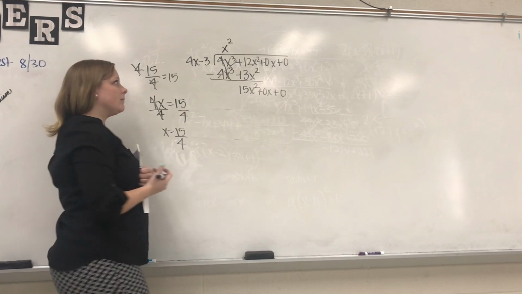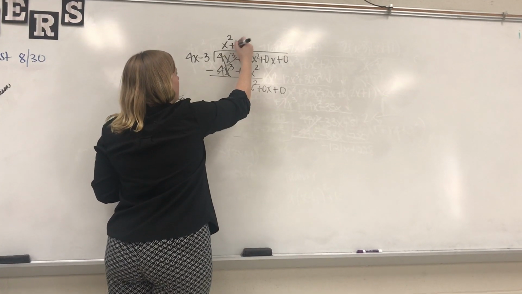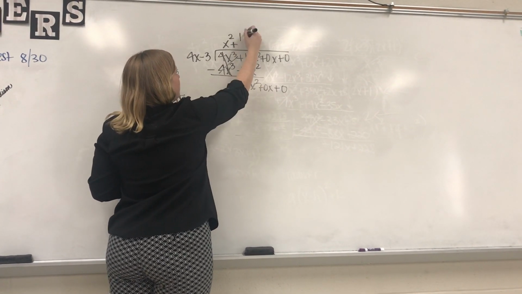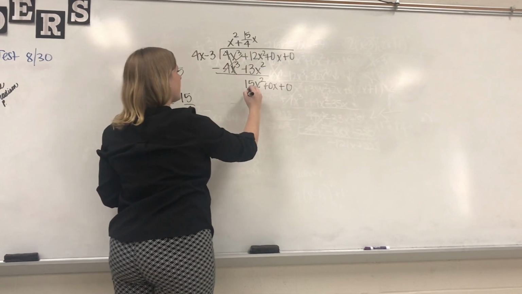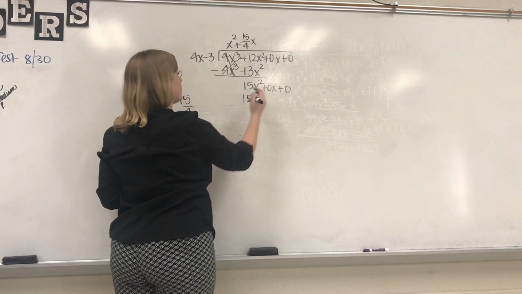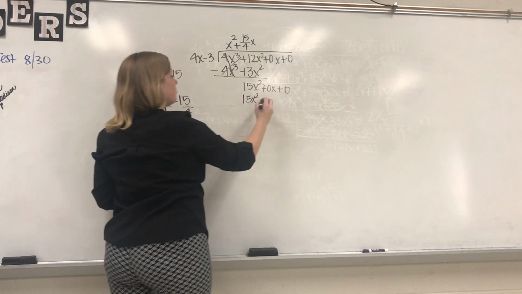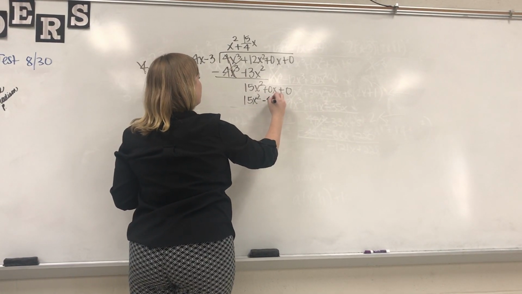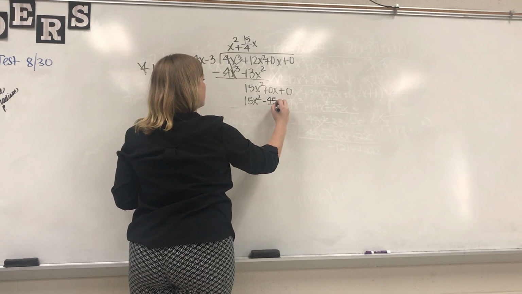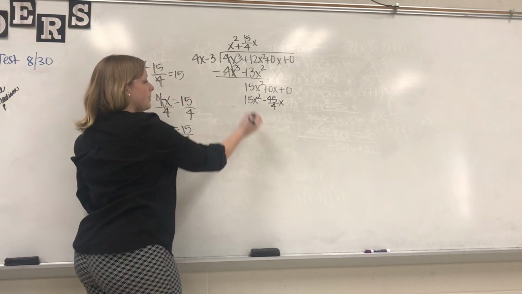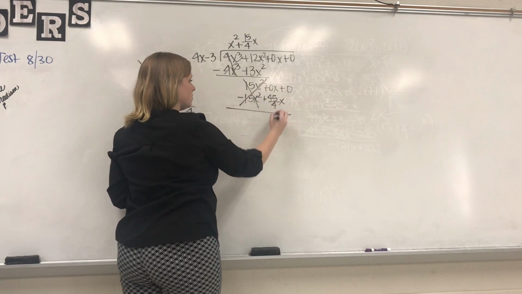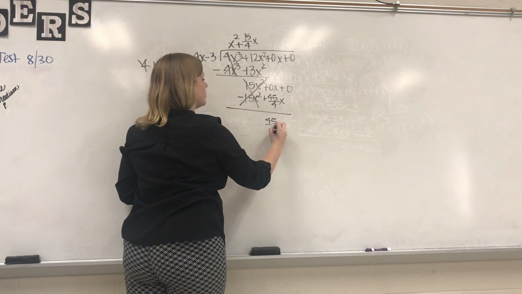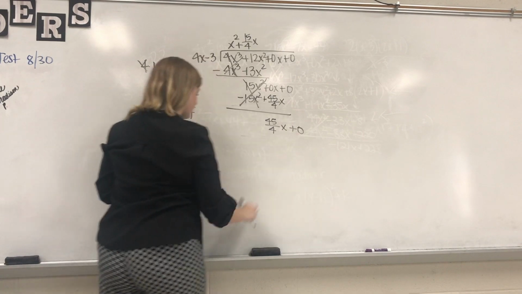So I'm going to multiply by, I got to get to x squared, so 15 fourths x. Multiply that out and I get 15x squared. That's what I wanted. That's going to give me negative 45 fourths x. But all my signs change. Cancel, 45 fourths x plus 0.